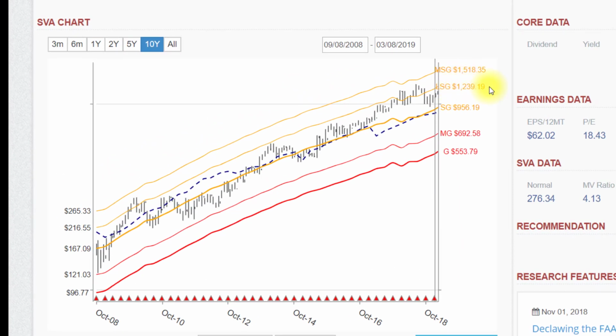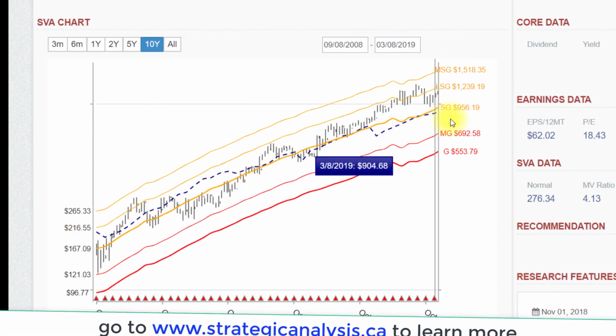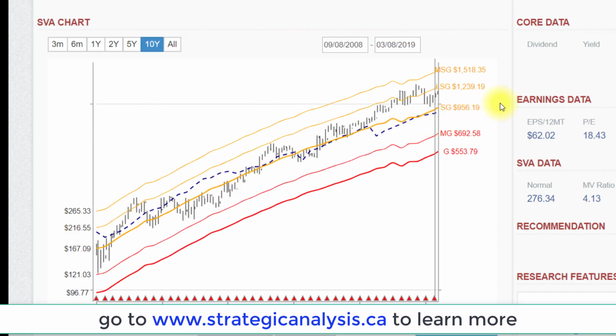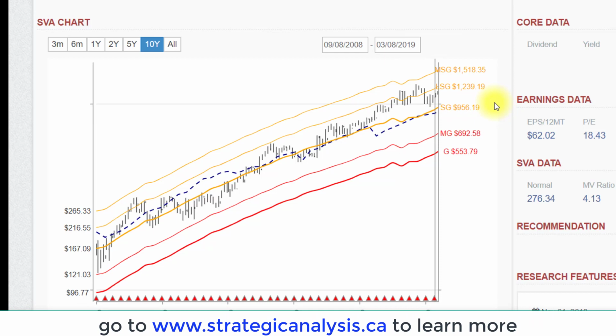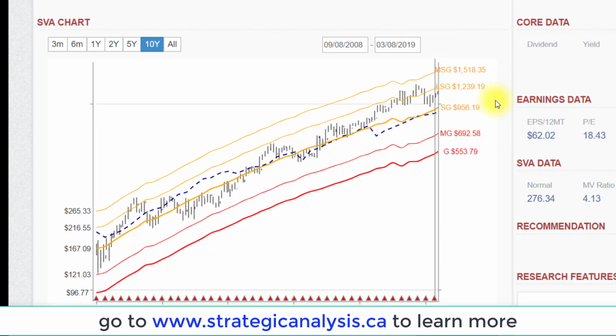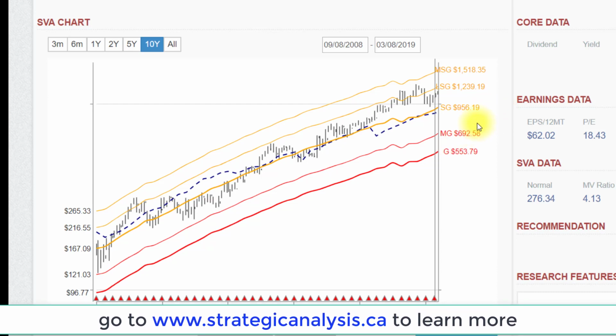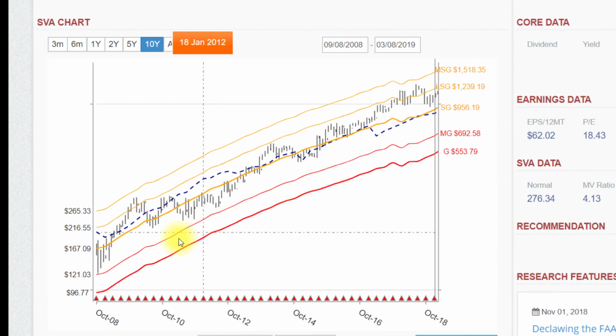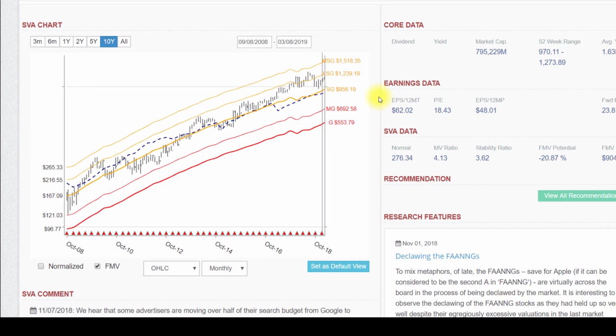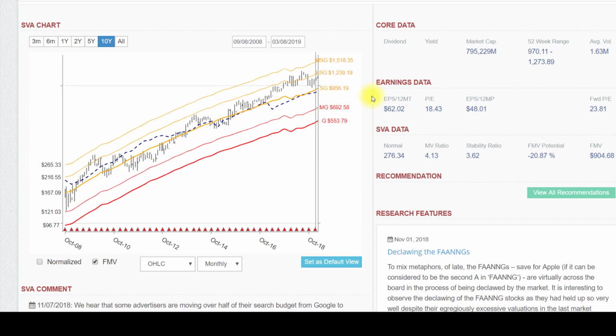The mid-super growth price, that's 4.5 times book value, and the mid-growth price, that's 2.5 times book value, flowing around what we call the super growth price, or 3.5 times its book value. However, that's really not how we look at Alphabet at all. What we really see is a stock which is trading either side of its fair market value, and it's been doing that for 10 years.